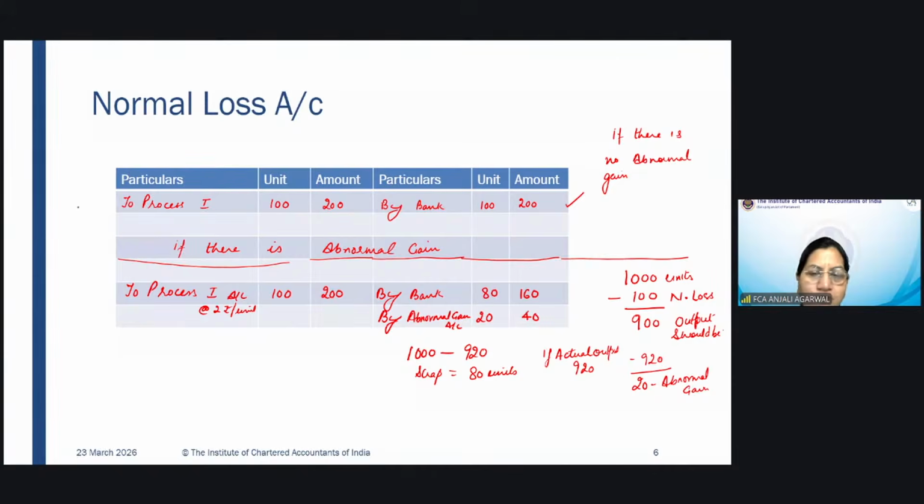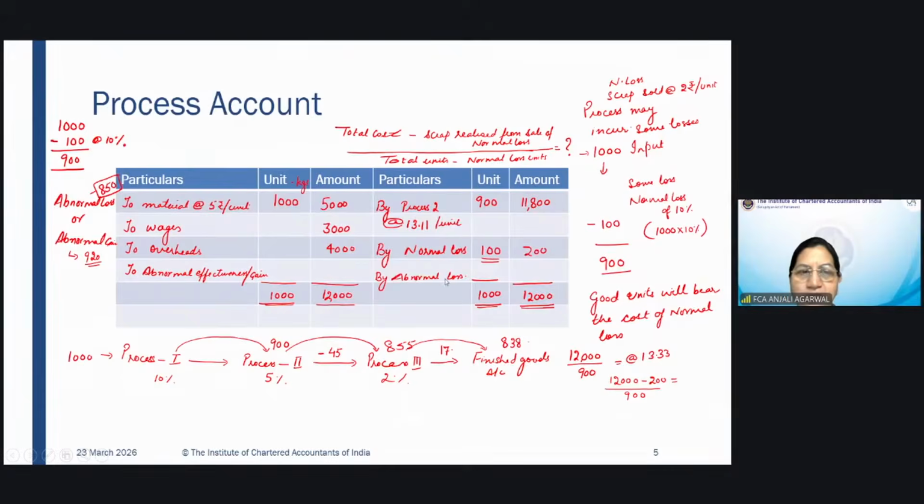So the abnormal gain which you thought was there will be reduced by 40. And now your account will match: 100 units, 200 rupees, and 100 units, 200 rupees. Right? So this is how you prepare the process account.